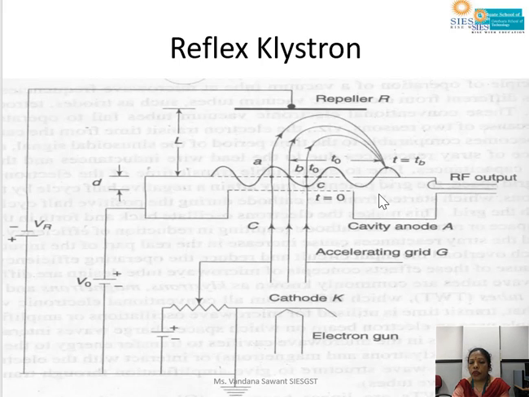That is, after 3/4 cycles, electrons will come back to the cavity. Then and only then will the maximum energy from the electrons get extracted by this AC signal. In this way, we can increase the strength of this AC signal.